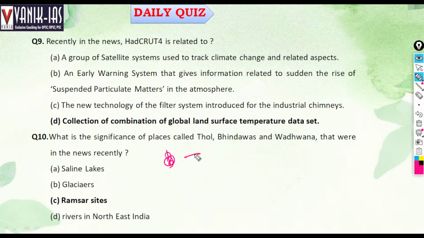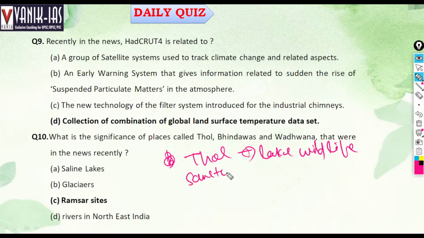First, Thol Lake Wildlife Sanctuary. It is in Gujarat. It lies on the Central Asian Flyway. So it is related to Gujarat.